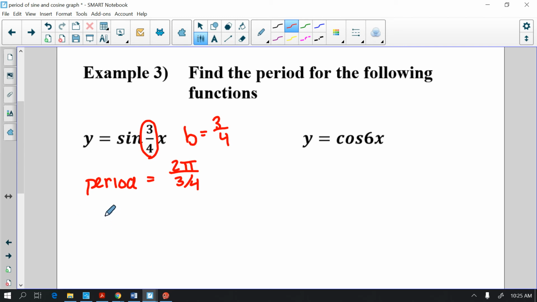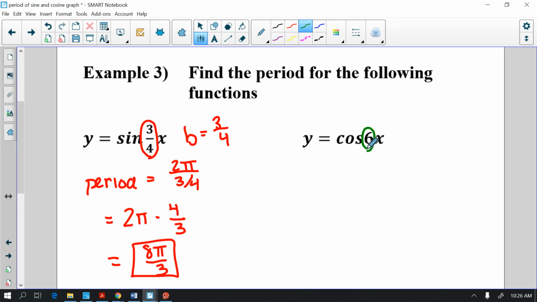You should be able to simplify that. When you simplify it, you turn it into multiplying by your reciprocal, which is 4/3, and then multiply straight across. That gives you 8 pi over 3. There's your period. That's how long it's going to take you to repeat one wave of your graph. It's going to take you 8 pi over 3 versus what you originally had, which was 2 pi.